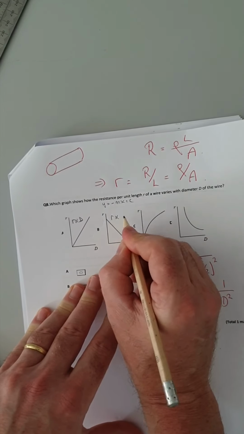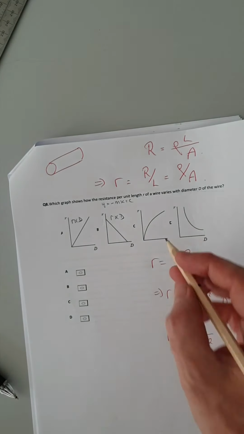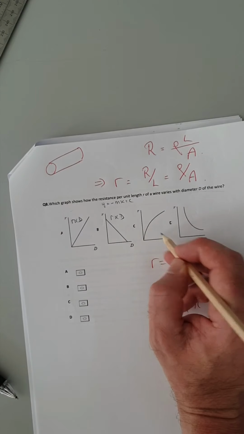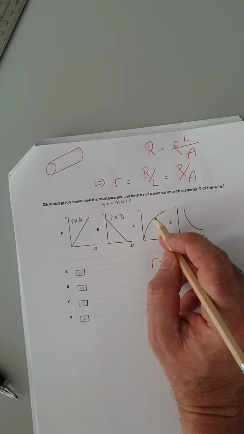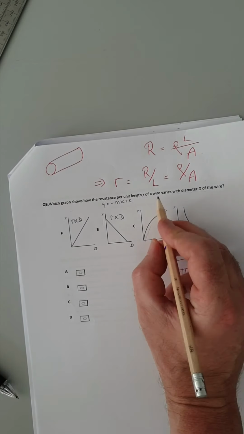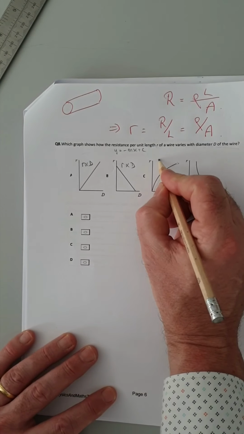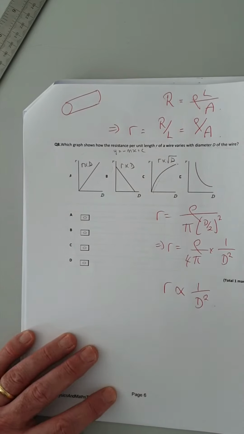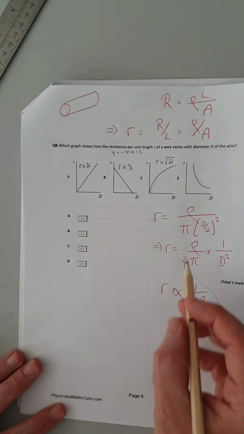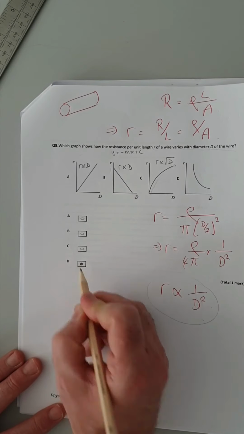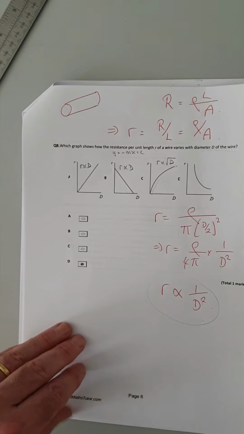This one is a graph that shows an increase in R with diameter, but this increase is sloped in this way. This third one might be something like the square root of the diameter. And this is the one that we're looking for, the inverse relationship. So the one that's most representative of this proportionality would be D.